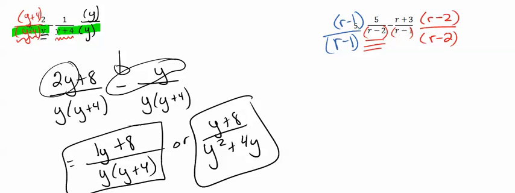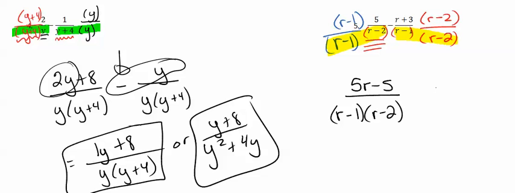And then you compare. Do I have exactly the same denominators in each of my new fractions? Which we do. So in the left fraction, I'll have 5 times the quantity r minus 1, so we'll get 5r minus 5. I'm going to keep the two binomials as is, r minus 1 over r minus 2, minus, now since I have two binomials right here, we're going to FOIL that.